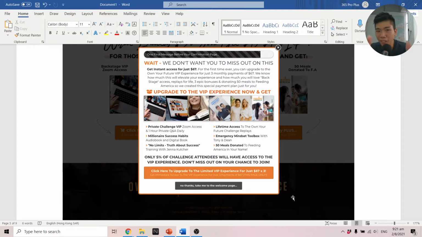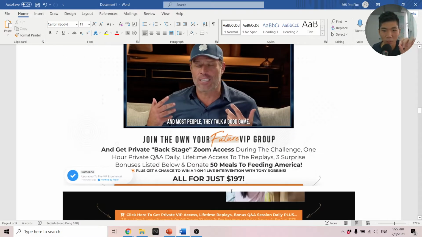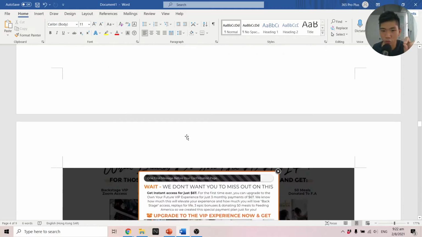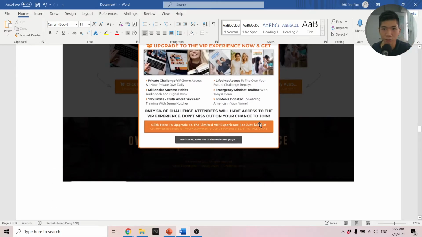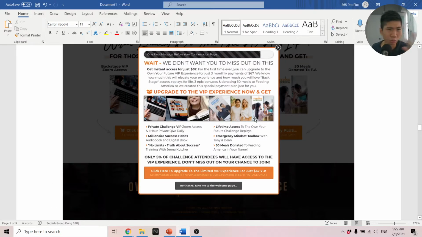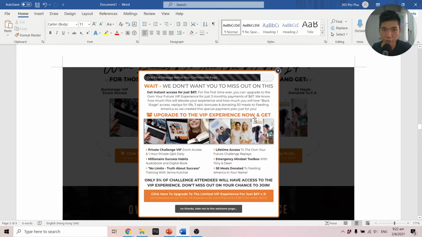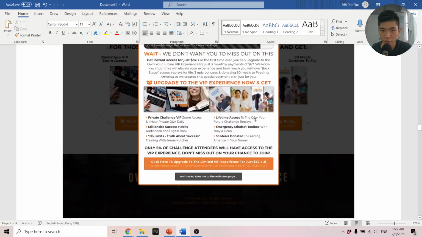Now with the payment plan, if you count about 367, the total price is higher than 197, right? So if someone can afford 197, they wouldn't choose this downsell. This downsell is for somebody who doesn't have much budget, this kind of thing, right? The payment plan for the downsell is one of the good practices that you can model.